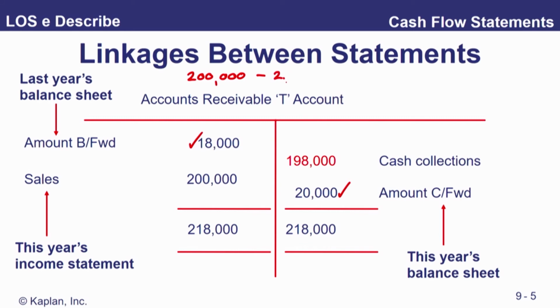So I'm going to deduct that $2,000, and notice I get the figure $198,000. Okay, that's how we're actually going to do it in the direct cash flow method. So we're not going to set out large T accounts, but I think you just need an awareness that when we do the direct method, essentially we're taking this approach. We're taking an income statement figure and using 2 years worth of balance sheet data to derive the cash flow.